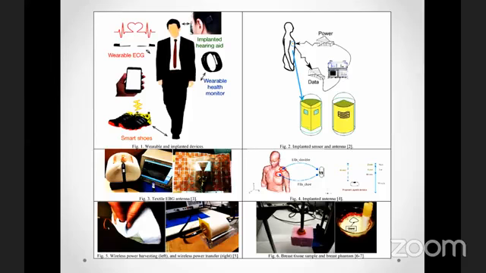This diagram describes what is the set of possible applications related to these RF systems. These are various wearable and implanted devices.